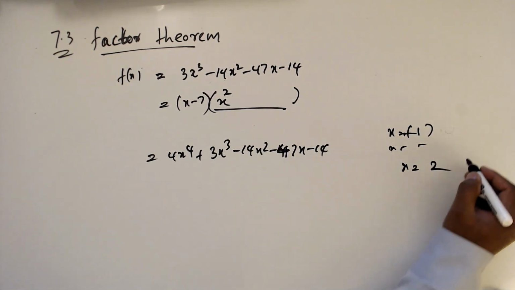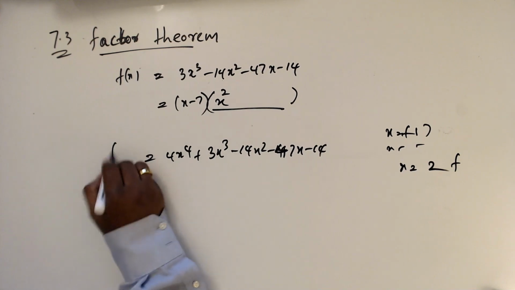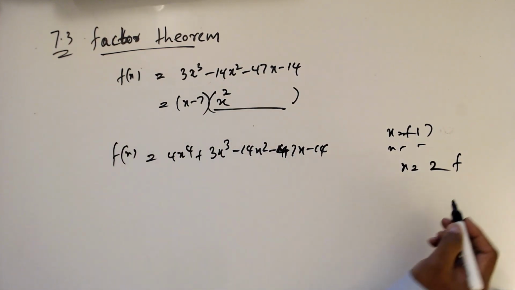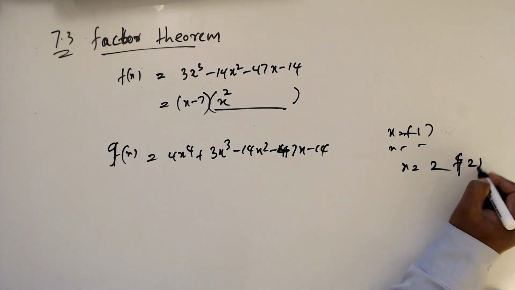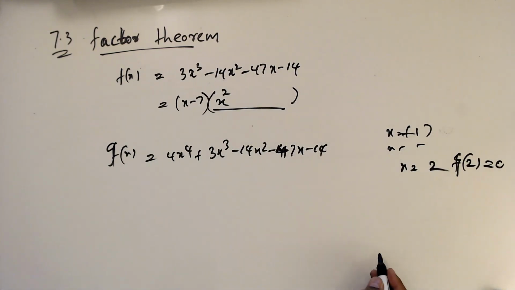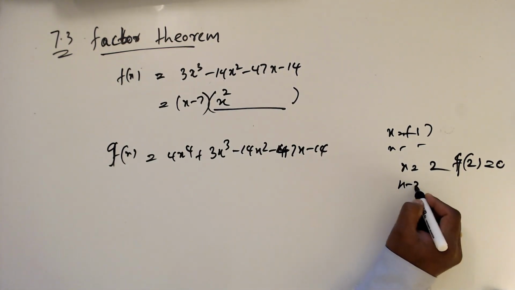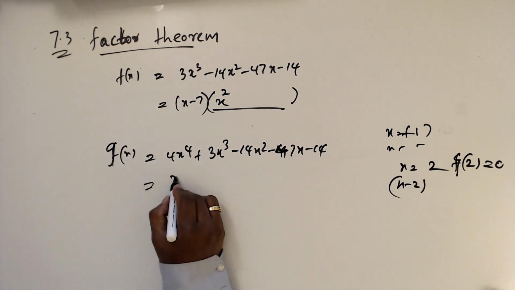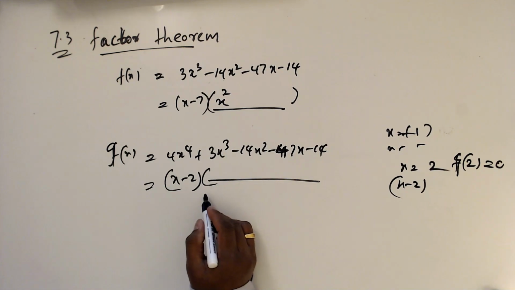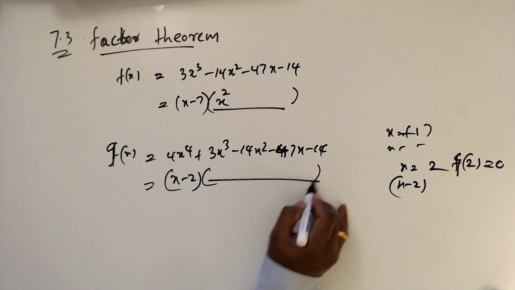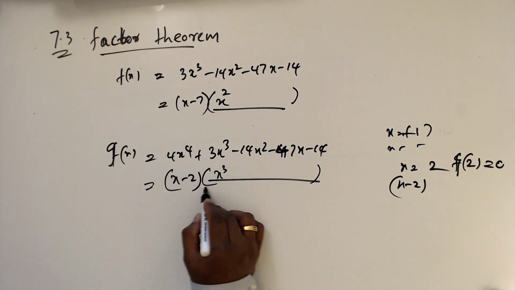Let's say this is g(x), and g(2) makes 0. Then what is your conclusion? x minus 2 is a factor. Then you divide this one and get the cubic equation.